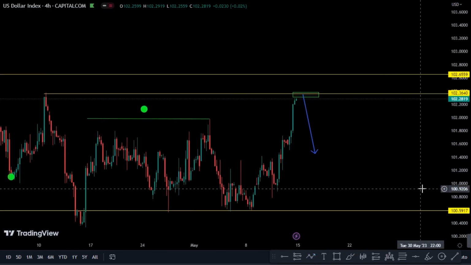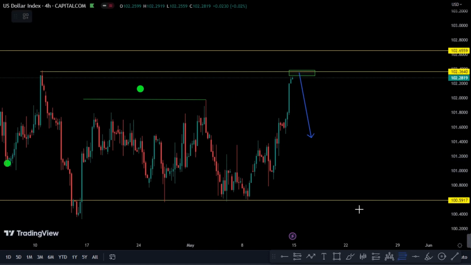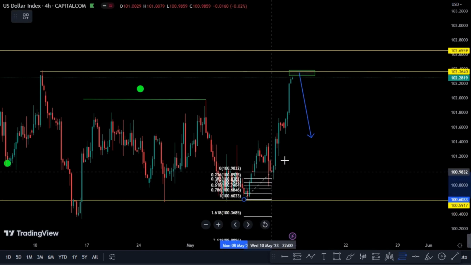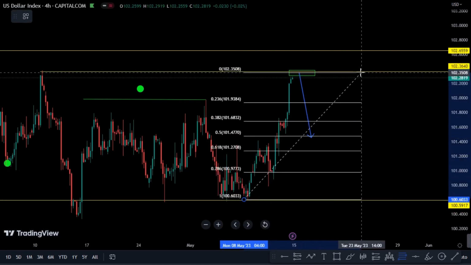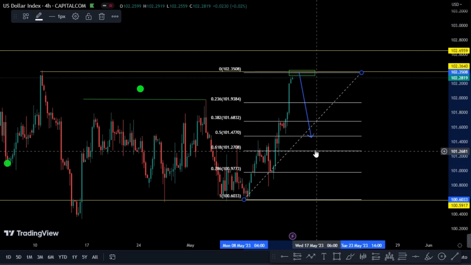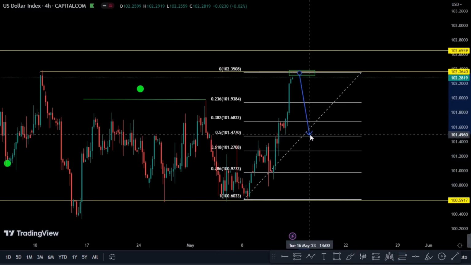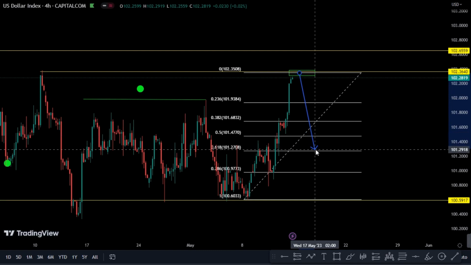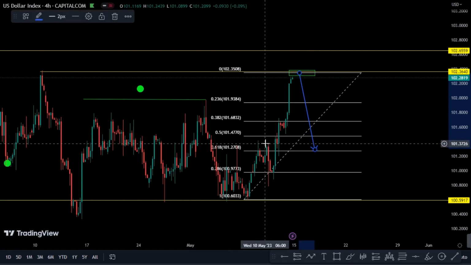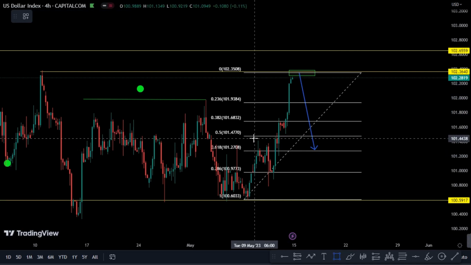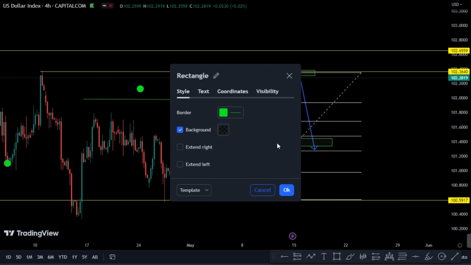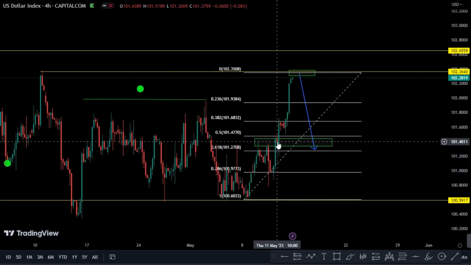In order for us to find an accurate level, we would take our Fibonacci level, put it at the start of this huge impulse movement, drag it all the way to the top, and then we will anticipate maybe a reaction to this area here, which is our 0.5 retracement zone, or this 0.618 retracement zone, which happens to be in line with some structures here. As you can see, it also happens to be in line with this order block that we have here.